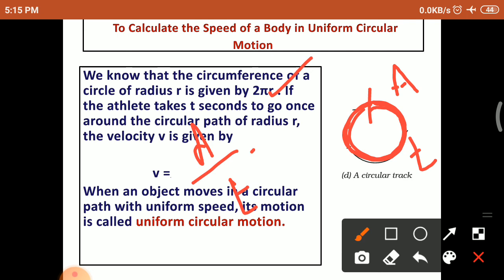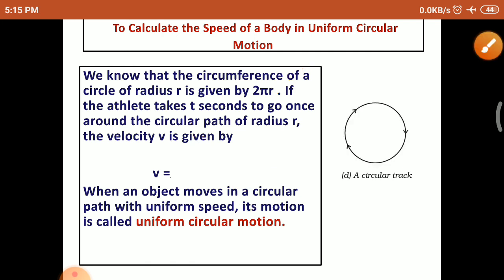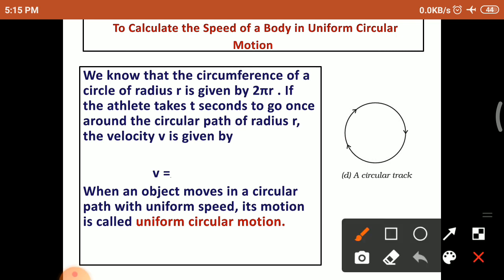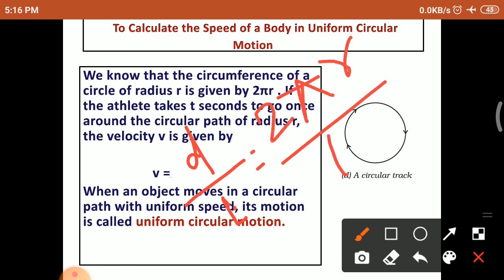Here the distance is 2 pi r. Why? Because the circumference of the circle is taken as the distance. So v equals 2 pi r by t. So from this formula we can calculate the speed of a body in uniform circular motion.